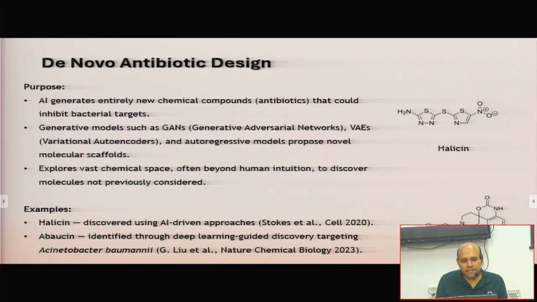So, how halicin was discovered using AI-driven approaches by Jonathan Stokes. And then you have abaucin, which was identified through deep learning guided discovery, targeting Acinetobacter baumannii.